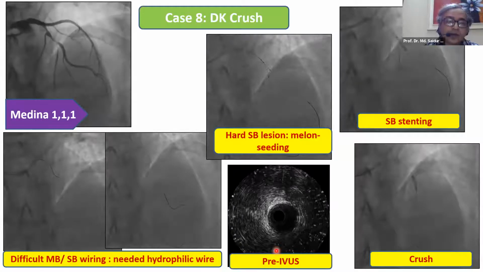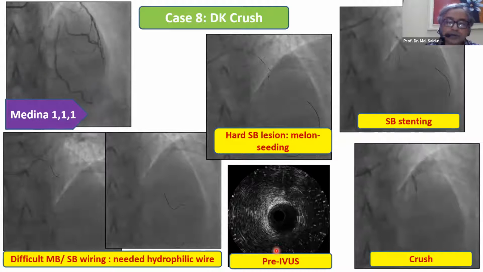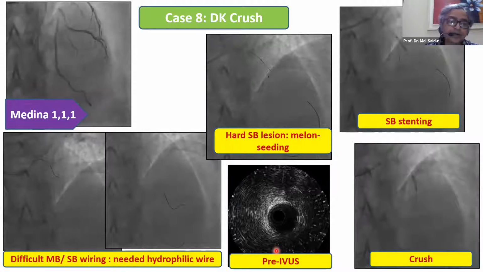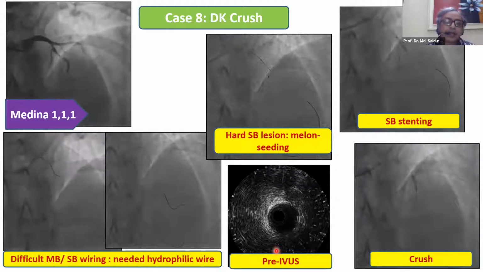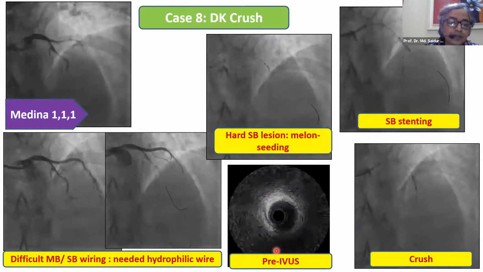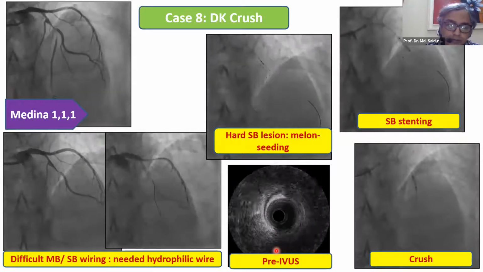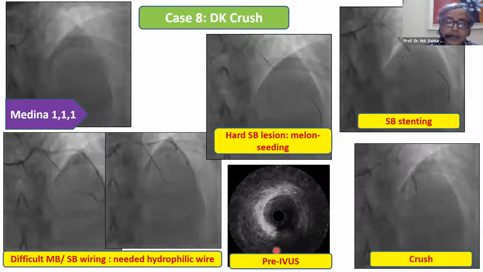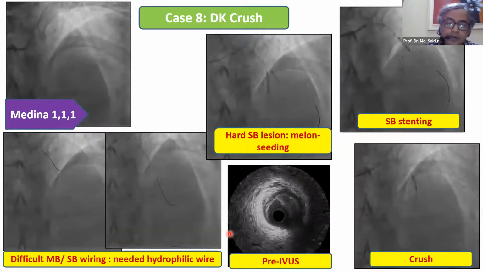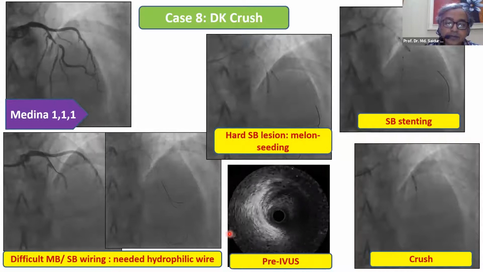And this is one where upfront we had thought of the DK crush, because with the 2-stent strategy, and that one I have done because the side branch was so much fibrotic and complicated. Even in the IVUS, it was showing that it would be occluded if I don't go for the side branch after wiring.